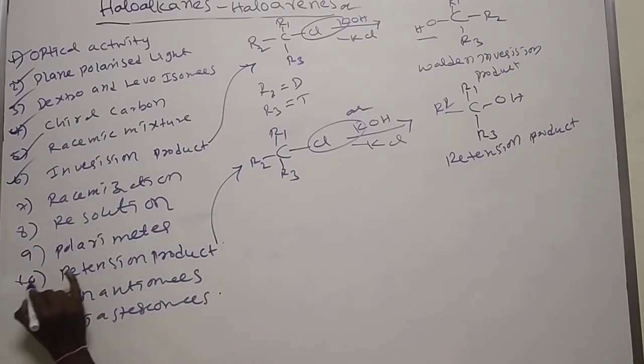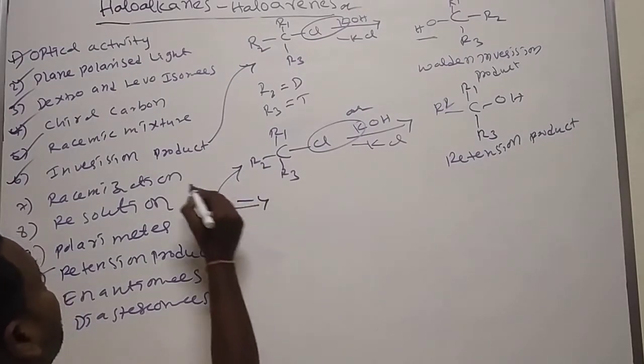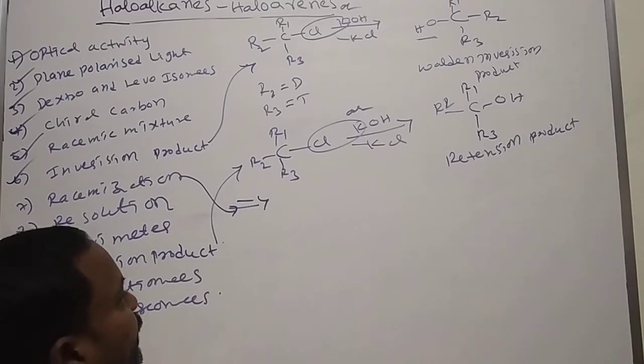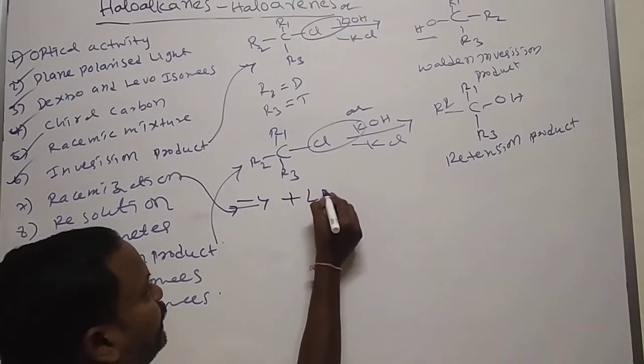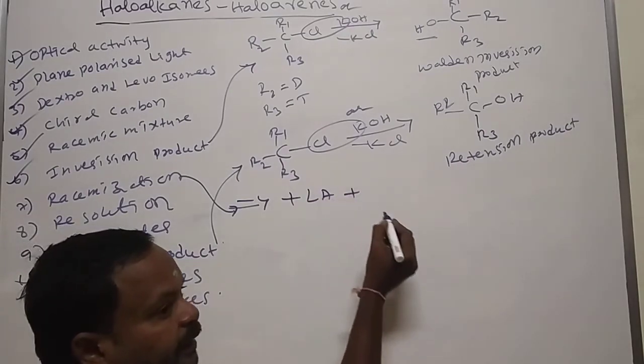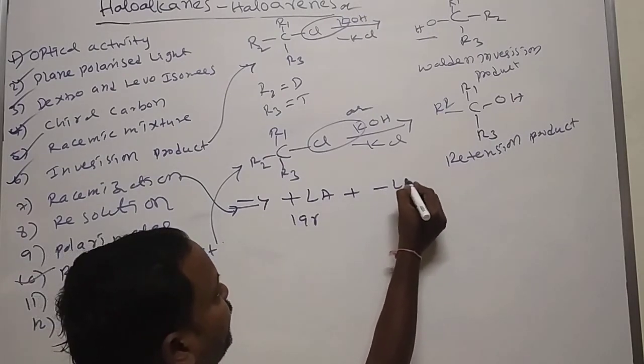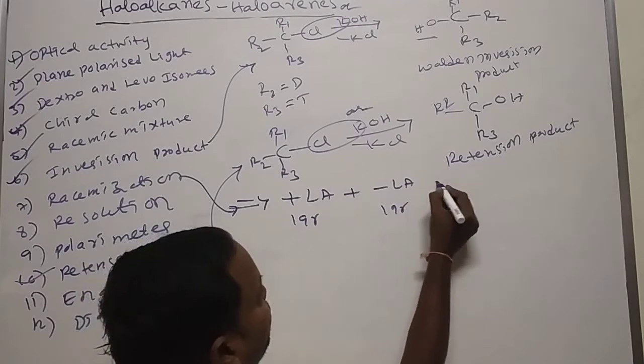And after retention, racemization. Racemization means the preparation of a racemic mixture. Suppose for example, plus lactic acid is there. You take 1 gram plus lactic acid and 1 gram minus lactic acid and mix.